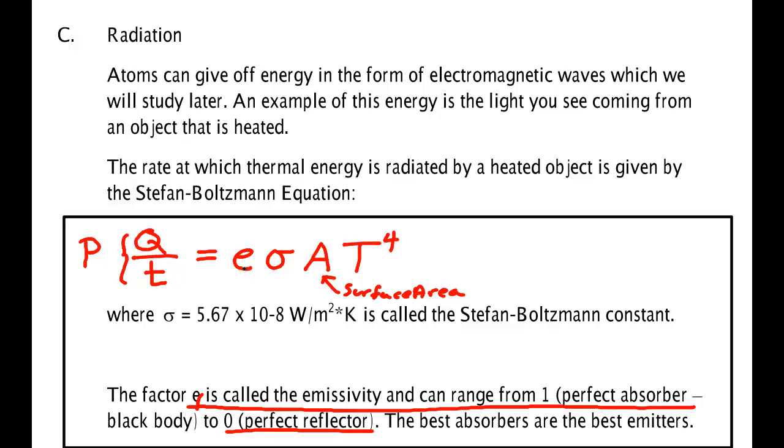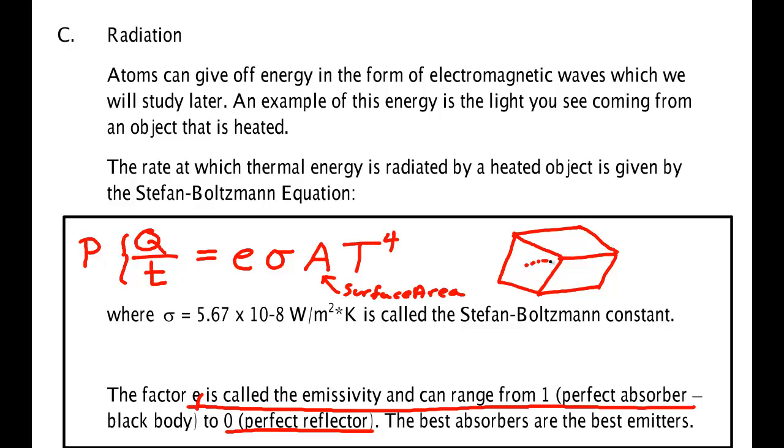A perfect emissivity actually isn't a black stove, because black still does reflect. The best is what's called a black body. And a black body is a body that's not necessarily painted black at all.